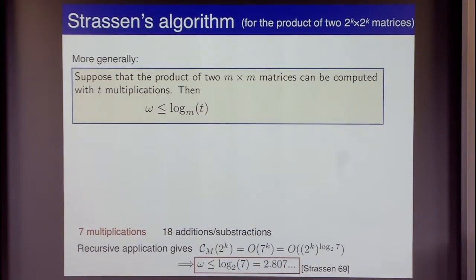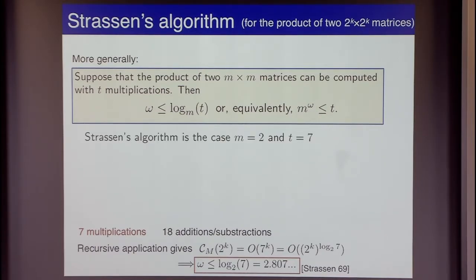So this gives you one technique, which was called approach number 1 in the previous talk. If you are able to show that you can compute the product of two m by m matrices using t multiplications, then you obtain a bound on omega immediately using this formula. And so Strassen's algorithm is the case m equals 2 and t equals 7. And we will see how it's related to the rank in a few seconds.